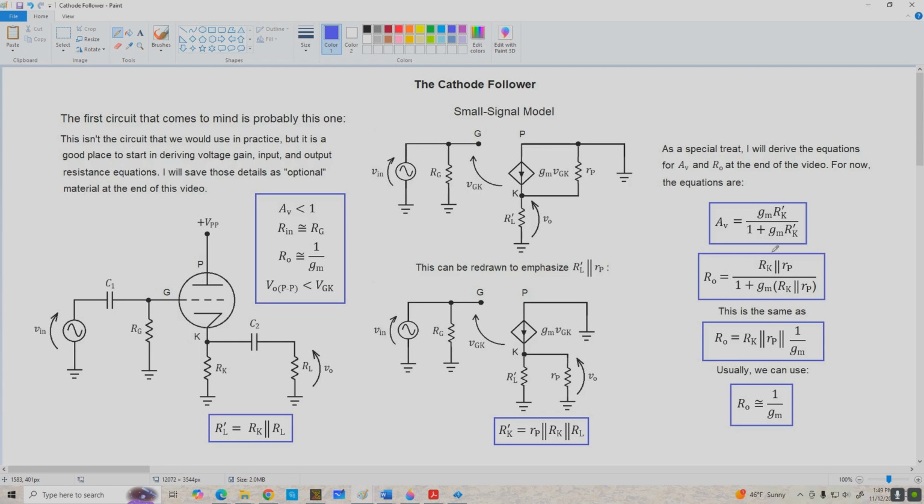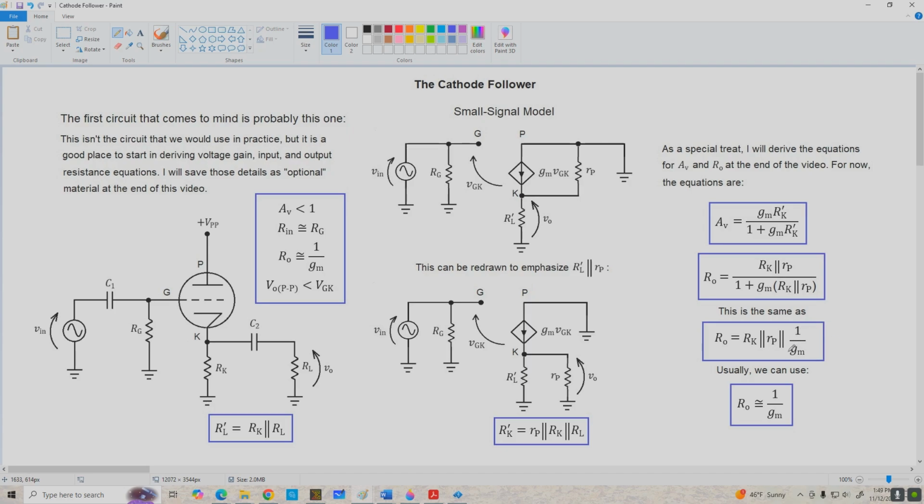Now, the output resistance is given by this messy looking thing here. Normally I might combine RK in parallel with rp into a single value, but I couldn't think of a good unique name to give it, so I'm just going to leave it in this form. And if we do a little bit of algebra, we can see that this is equivalent to RK in parallel with rp in parallel with 1 over gm.